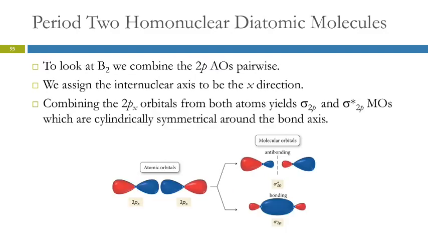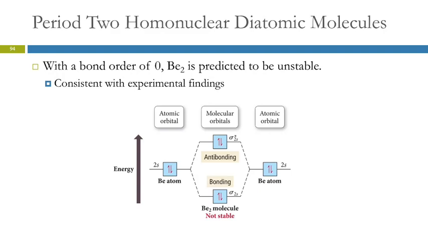So the bond order is there's 2 electrons in bonding orbitals and 2 electrons in anti-bonding orbitals. And we're going to divide by 2, and so that equals 0. A bond order of 0 says that this is not going to be a stable molecule. This bond is not going to exist. And that is consistent with experimental findings.